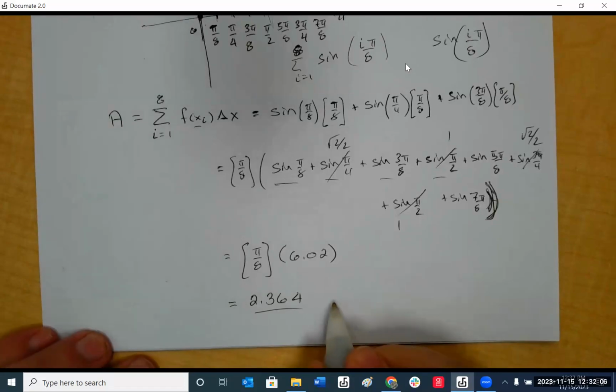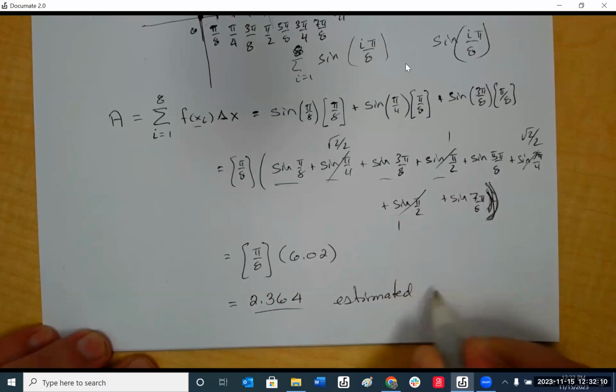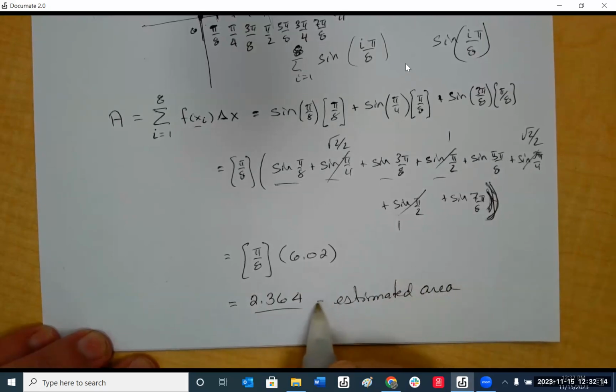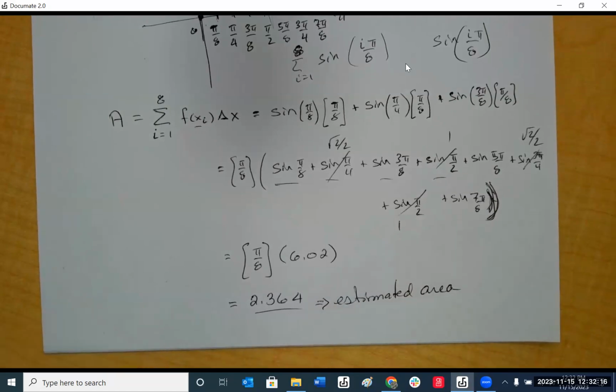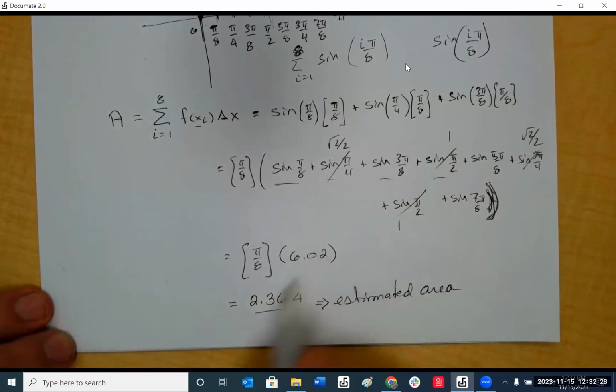Okay, remember, this is our estimated area. So you follow that? Did you get 6.02 somehow? You can't, because it changes bounds. So this gives us our estimated area.